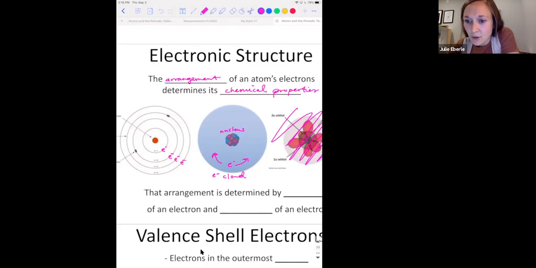If we have a test over this material, yes, I will supply you with a periodic table. And in fact, you might need a periodic table for the quiz. If you haven't taken the quiz yet, you can use your textbook, and there's a periodic table in the cover of your textbook, whether you have the electronic one or the hard copy.